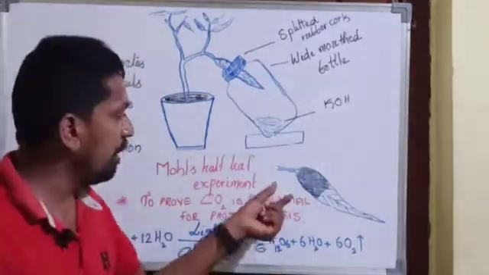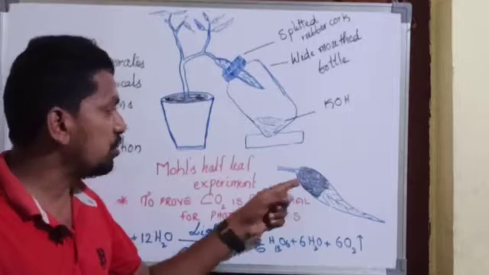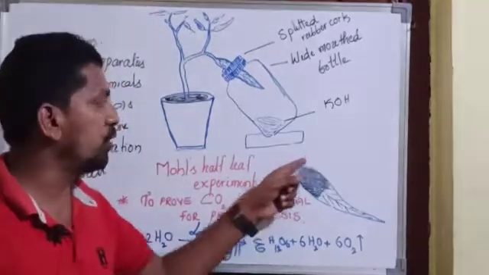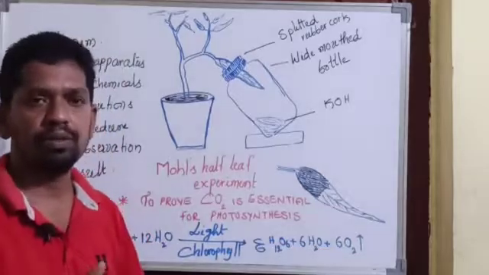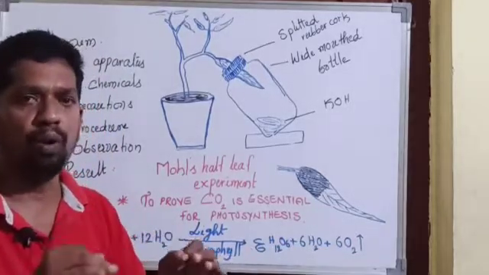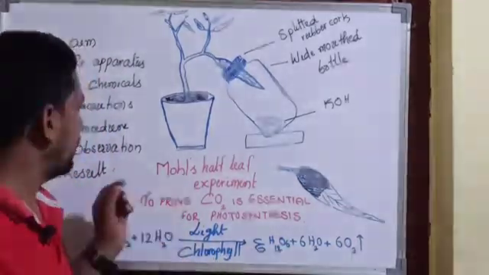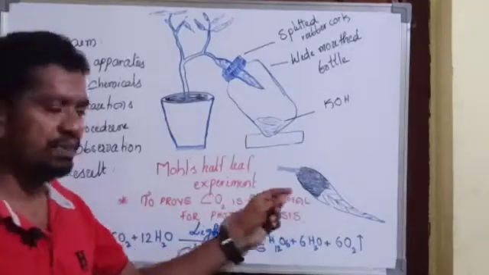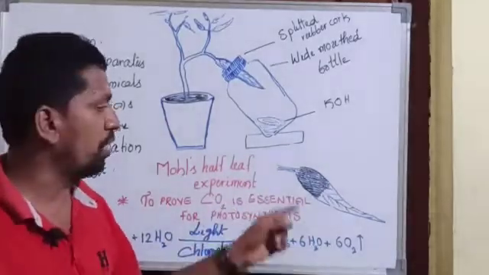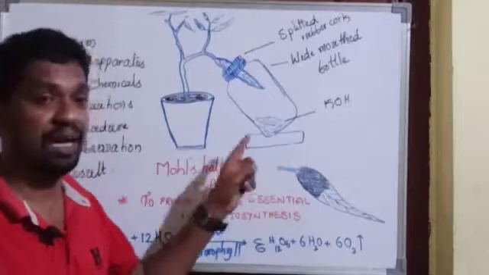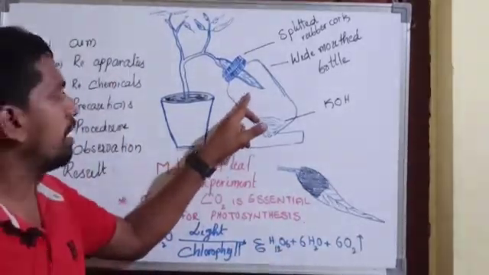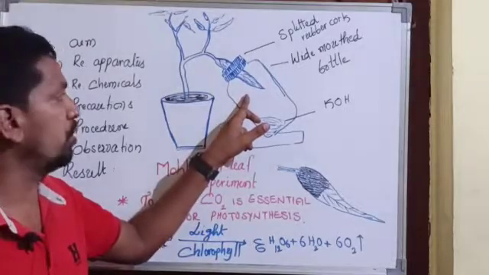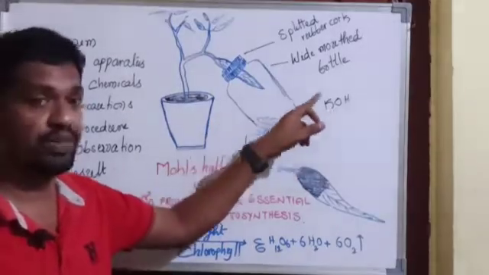Observation. Only the half of the leaf which is outside the bottle turned blue and blackish in color. The second half could not be turned blue and blackish. Result. For both sides of the leaf, we supplied an equal amount of chlorophyll, water, and sunlight. But inside the bottle, carbon dioxide has been captured by the potassium hydroxide solution.